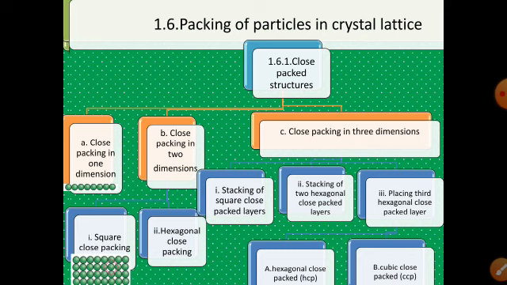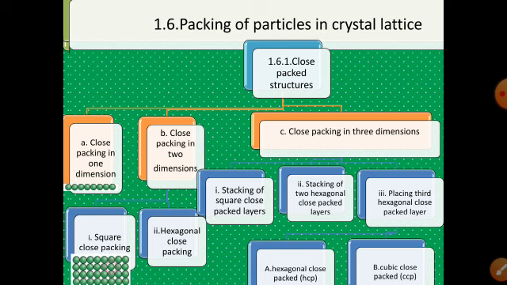In this case, you arrange the first row, then the second row, third row, fourth row, fifth row, likewise, in only one plane, meaning here we have only length and breadth, no height, only one plane. Then we find that the particles have the same alignment.